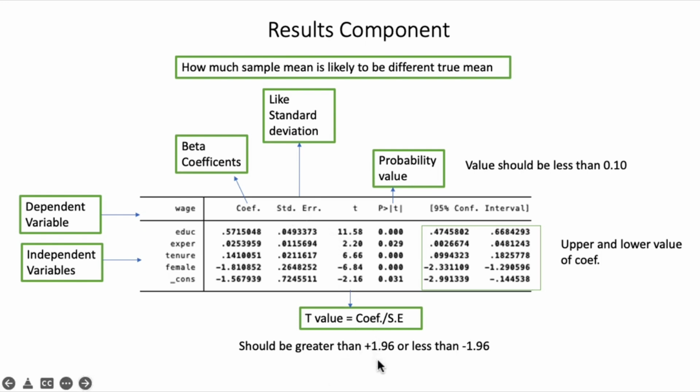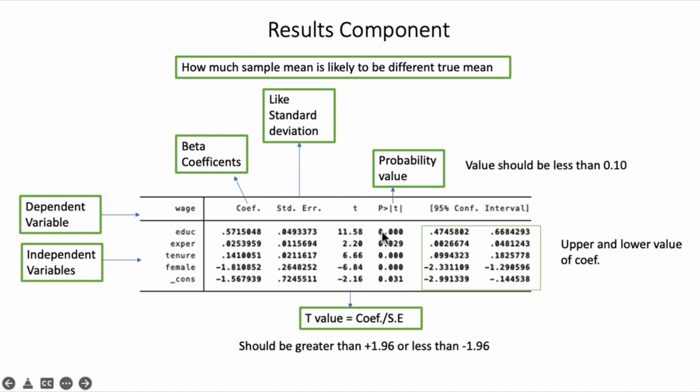One way to remember this is that if the t-value is greater than 1.96 or less than negative 1.96, you can say that your results are significant. So it's basically hypothesis testing, and the easier way to go about this is to look at the p-values.